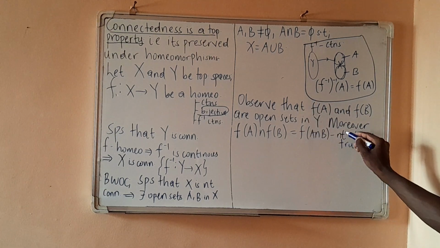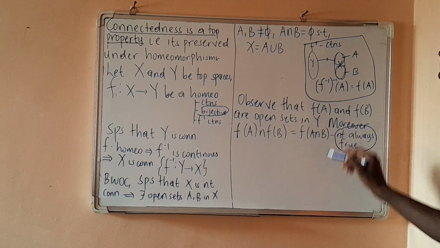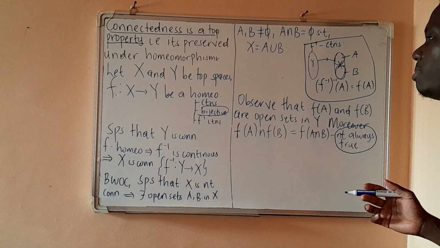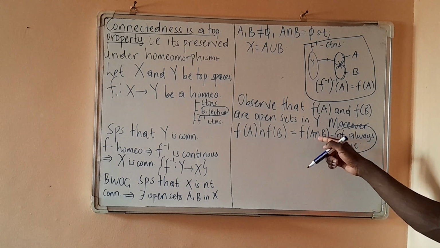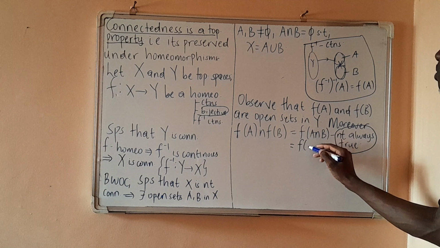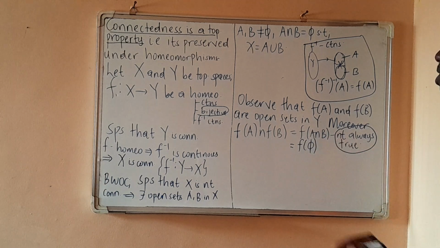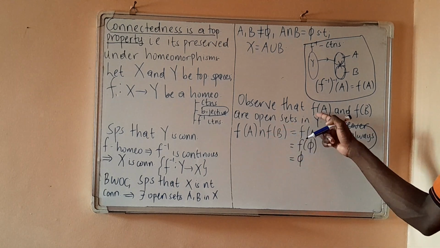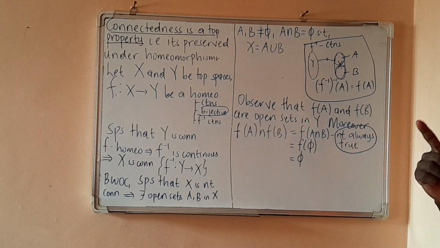So A intersection B is the empty set, so this is f of the empty set, which is empty. So the open sets f of A and f of B are disjoint.